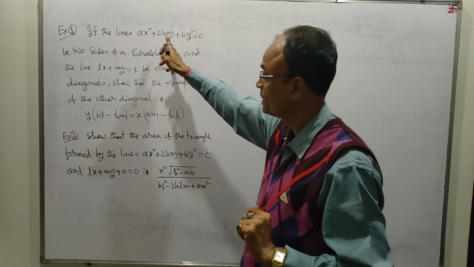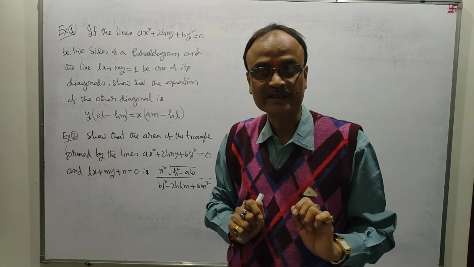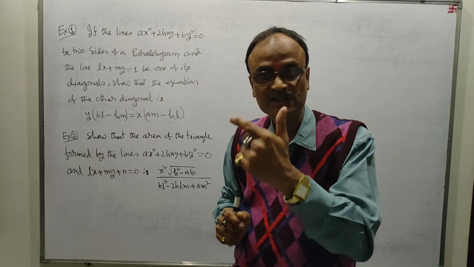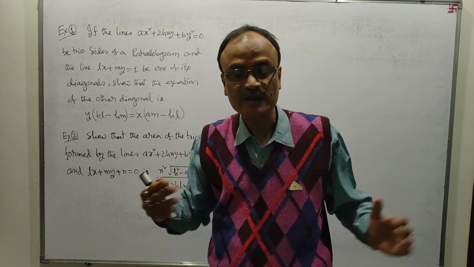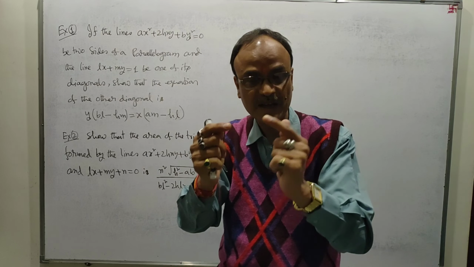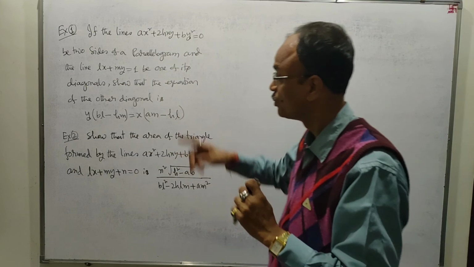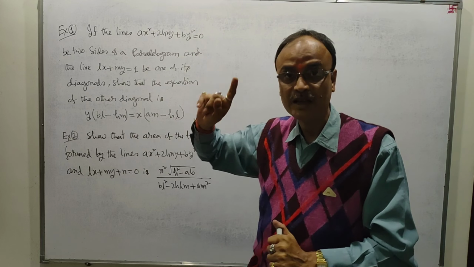Let the two straight lines represented by these equations be y equal to m1x and y equal to m2x. The point of intersection of these two straight lines is obviously 0, 0, because both these straight lines pass through the origin.